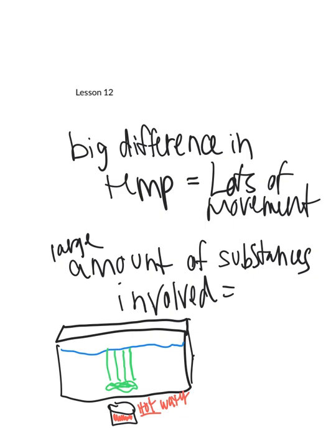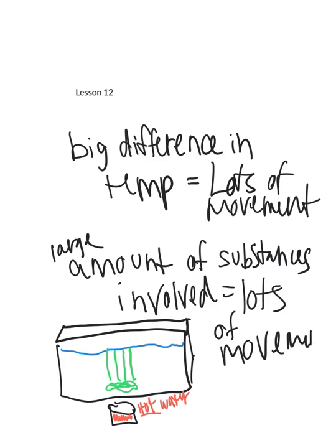You could also get lots of movement if there's a large amount of substances involved. So, for instance, in the second experiment there was more of this hot water, there's more energy that can be transferred to the dye, and more dye that moves upward more quickly.